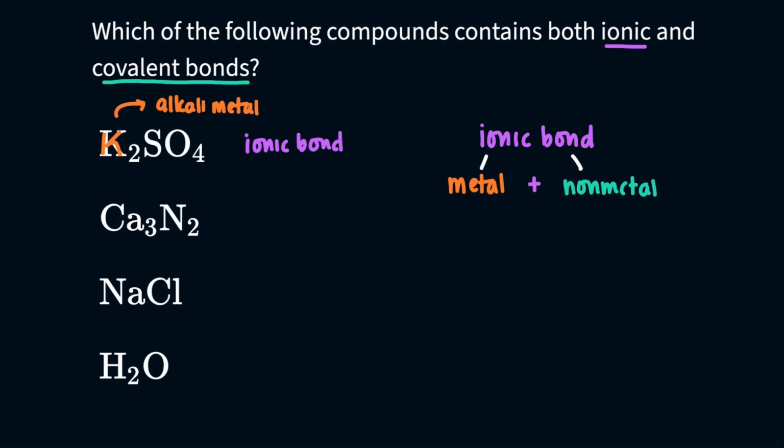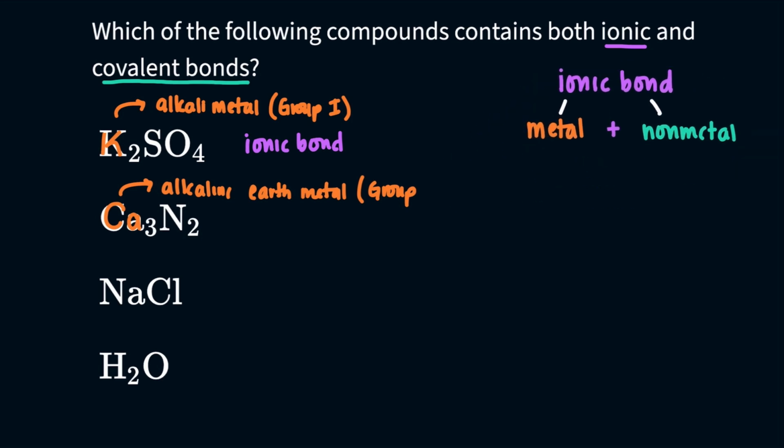If I look on the periodic table, calcium, Ca, is an alkaline earth metal. Alkali metals are group 1, alkaline earth metals are group 2, 1A or 2A. So this one has at least an ionic bond.